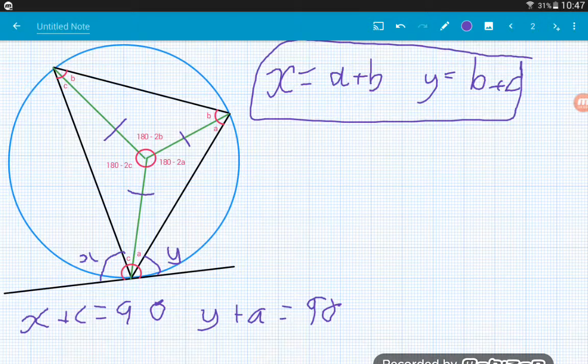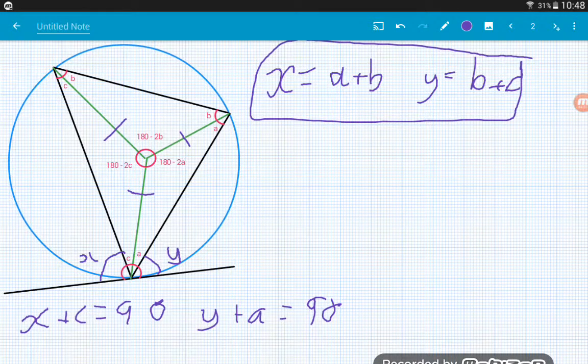Okay, so to prove it, we need an equation in terms of A and B and C. And once we have this equation, we'll be able to use these two bottom equations simultaneously to prove what we're trying to prove. So, using the central angles, we know that they are angles around a point, so they would total 360.